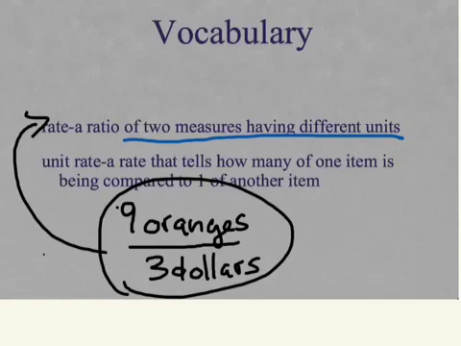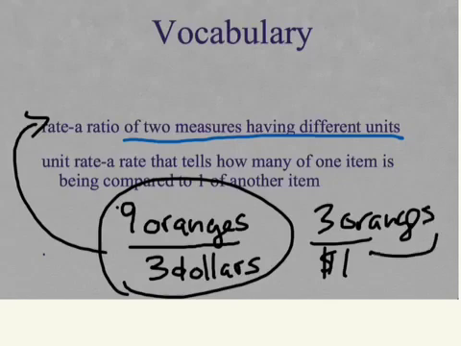Or I could also calculate how much it costs per orange. Either one is a unit rate, but I'm going to do the one I mentioned first. I can figure out how many oranges per dollar by reducing this. I'm going to divide the denominator by 3, so I know I'm dealing with $1, and the numerator is going to be 3 oranges. So now this has become a unit rate.